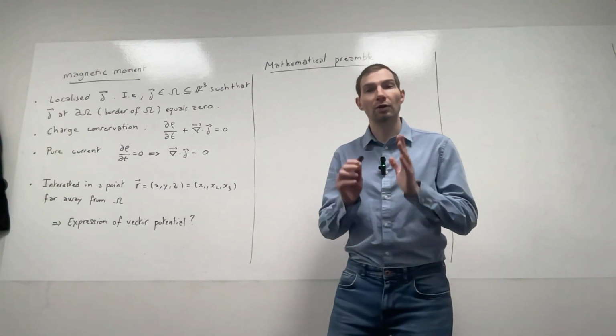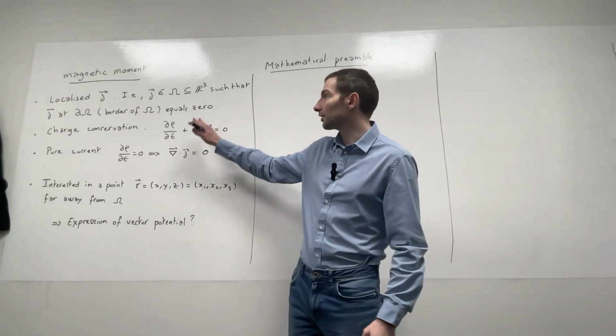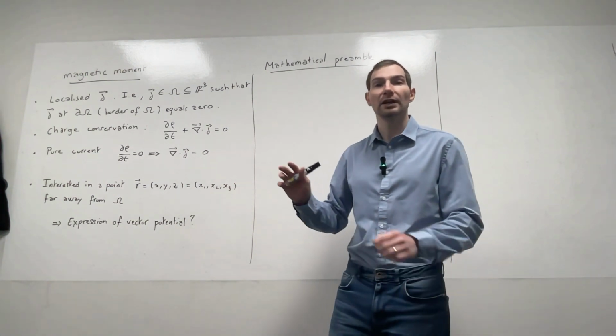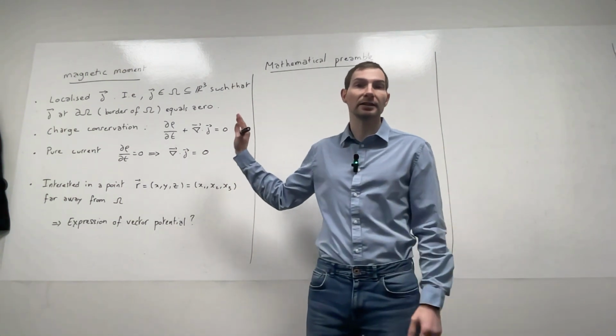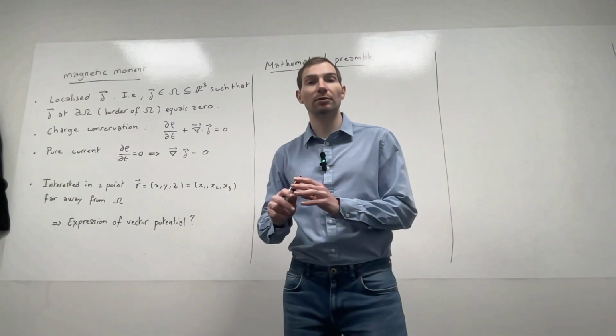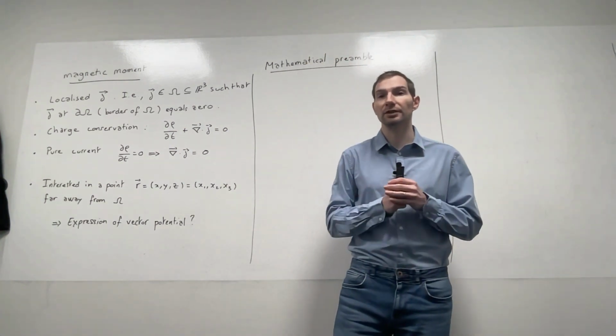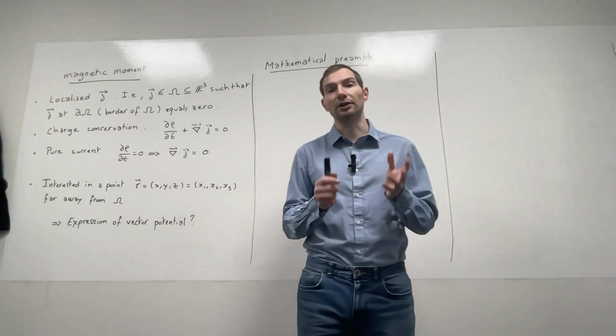Right, okay, so first I'm going to delineate the conditions that we are looking at, and they are important. I'm trying to delineate them as clearly as possible. They are a bit mathematical, but that's electrodynamics, so unfortunately there is a bit of math going on.